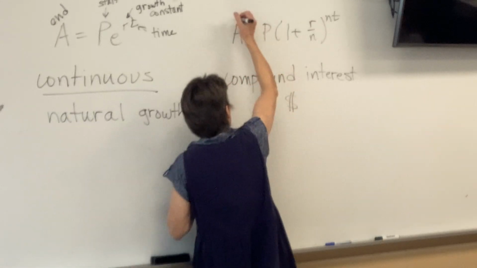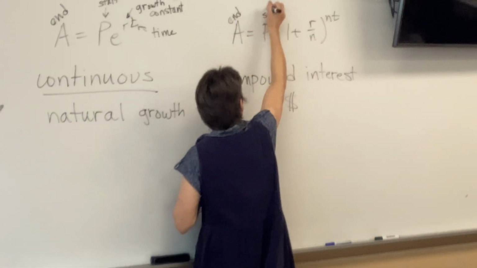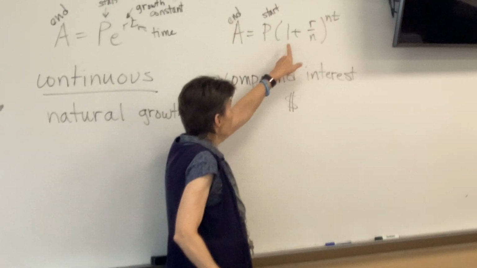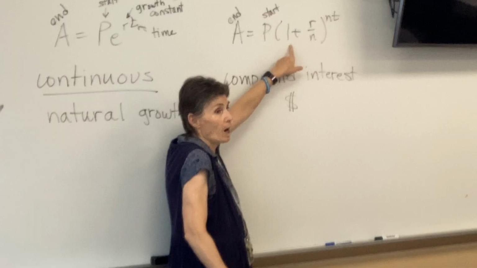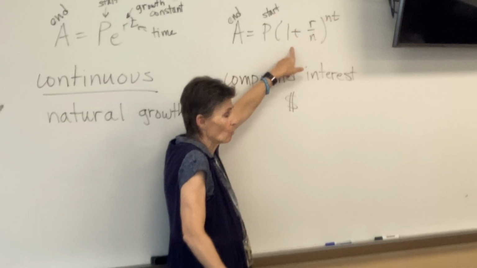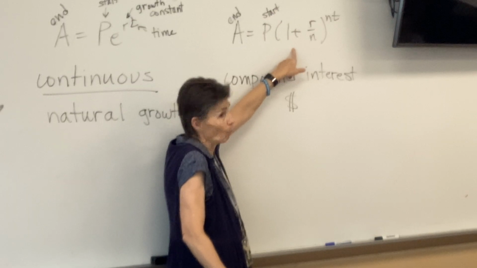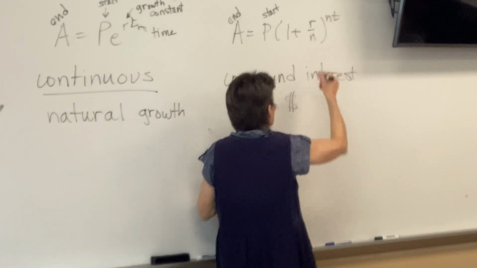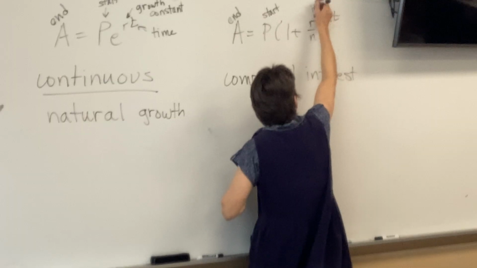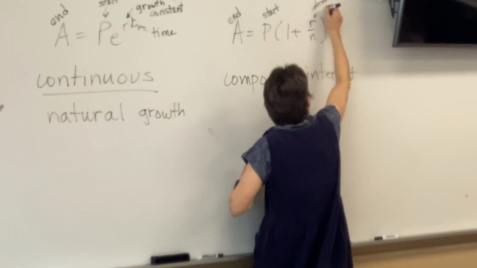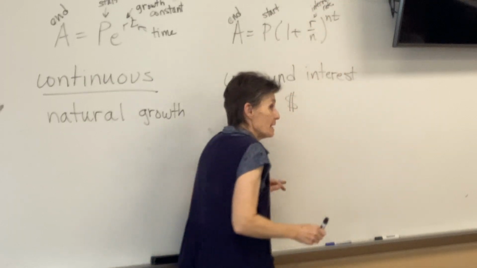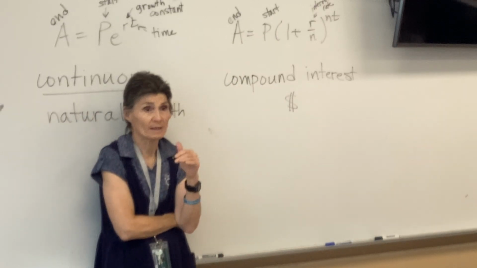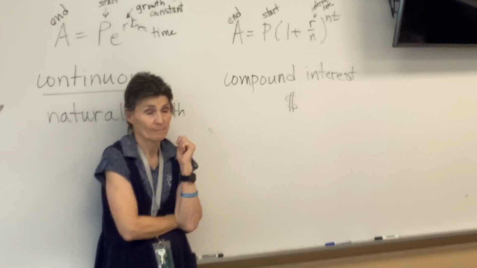The A and the P are the same. That is the number 1. It is not an L or an I or anything else, it is a 1. It's part of the formula. R is your interest rate, and again, it has to be entered into the formula as a decimal.